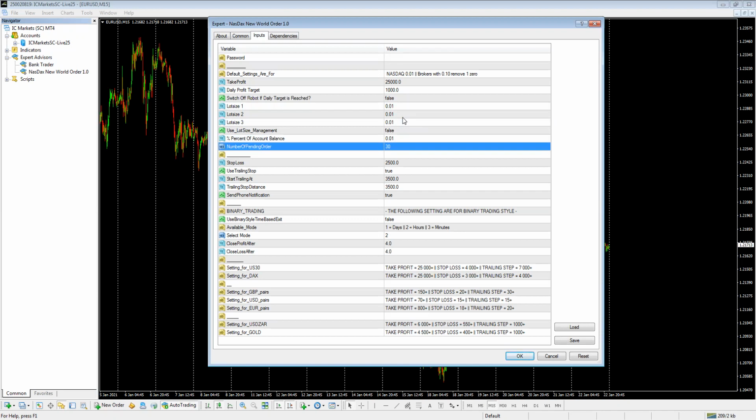Number of pending orders is set to 30 by default. This is just allowing the robot to be able to analyze further or higher in cases where we have news like NFP, GDP, those kinds of news.